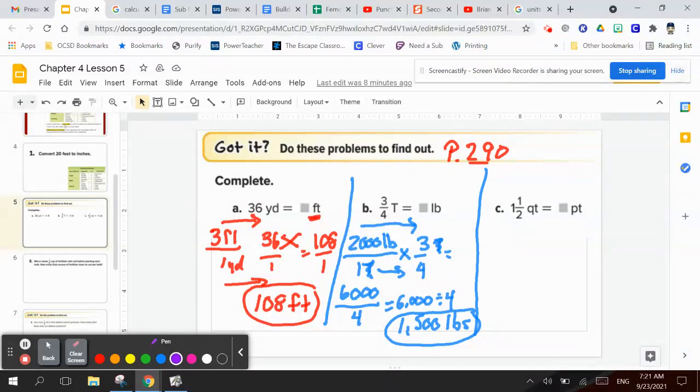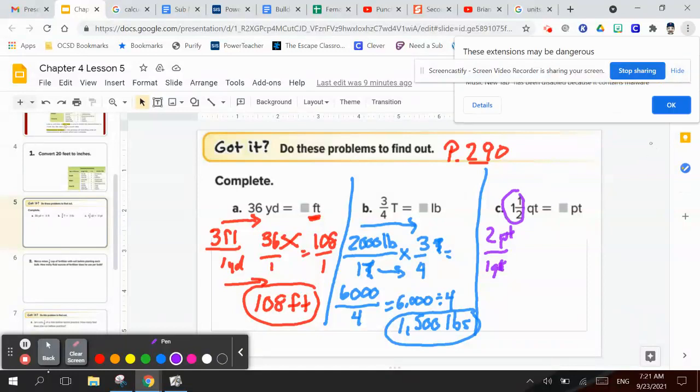And the last one is 1.5 quarts equals how many pints? Well, again, before I start, I know that there are 2 pints in 1 quart. But I have to change this right here.